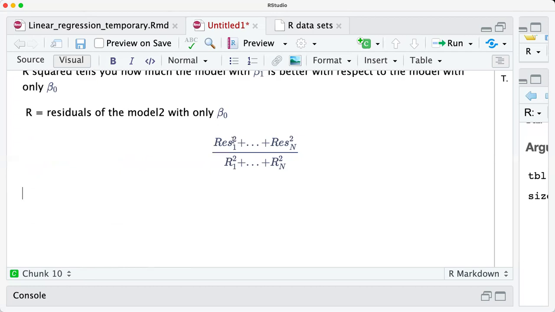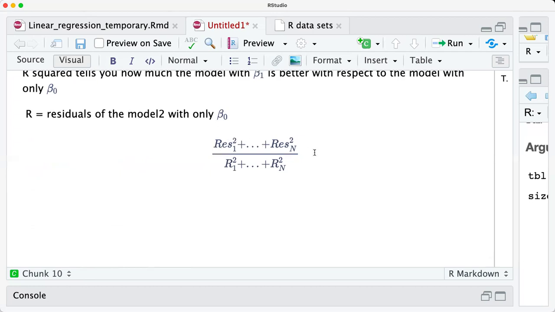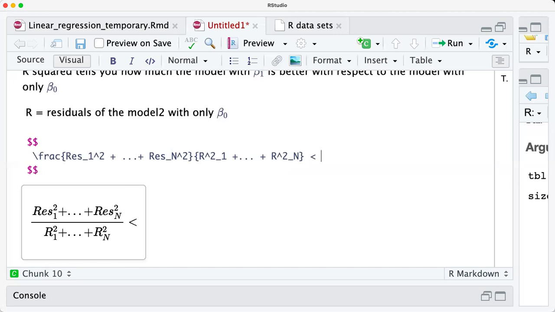The numerator is smaller, because we have seen it was 90, and the denominator is bigger. So this is a number which is smaller than 1 and greater than 0.